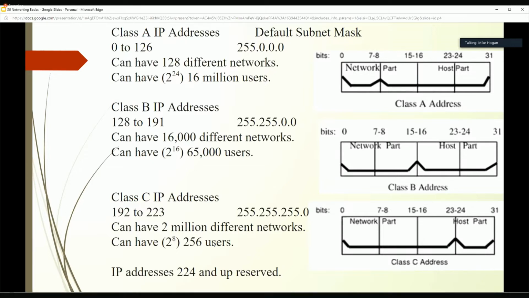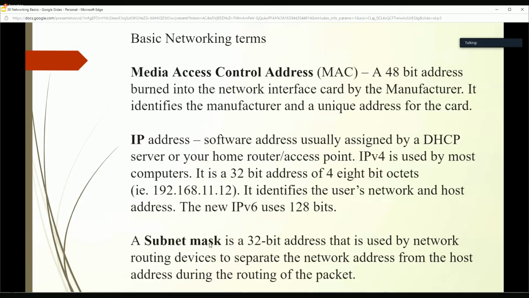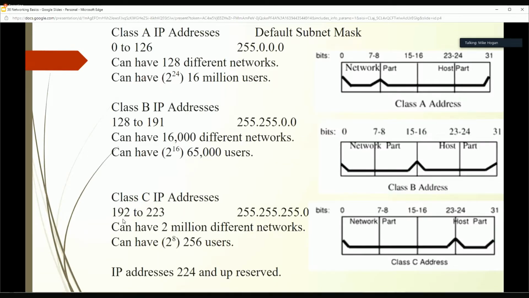For example, in our example, we had this notion of 192.168. Go back to this 192.168.11.12. Well, that is a private Class C address, right? It's going to be 192, fall into that range.